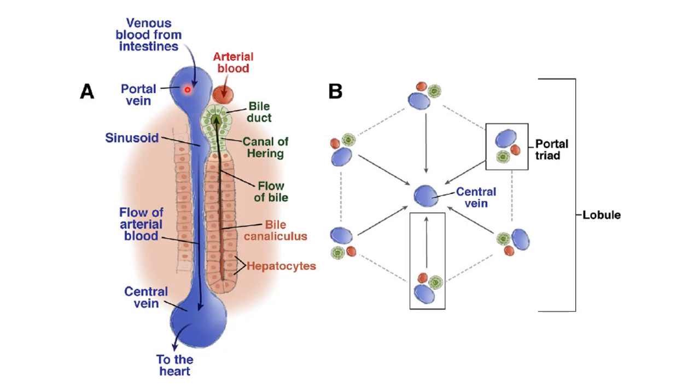From the portal vein to the central vein, in that direction, that's the flow of blood. But the flow of bile will be anti-parallel, from the central vein back into the portal triad, where it empties into the bile duct or the canals of Hering.